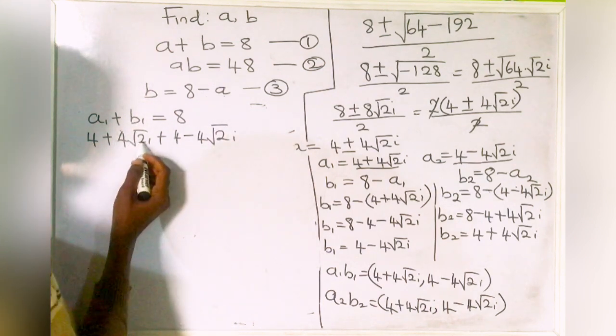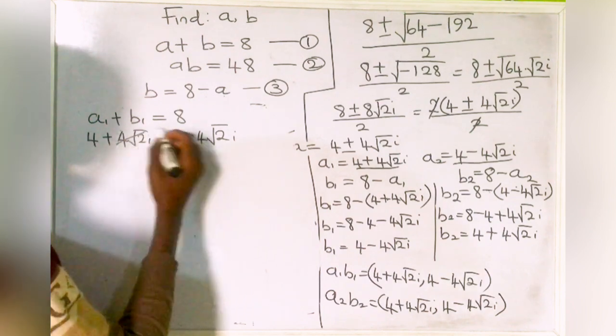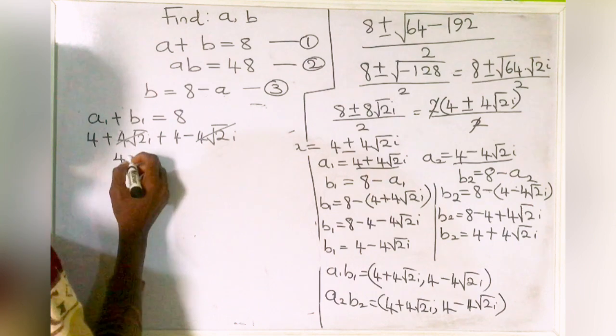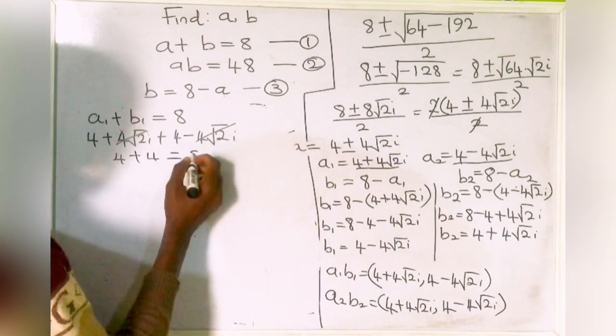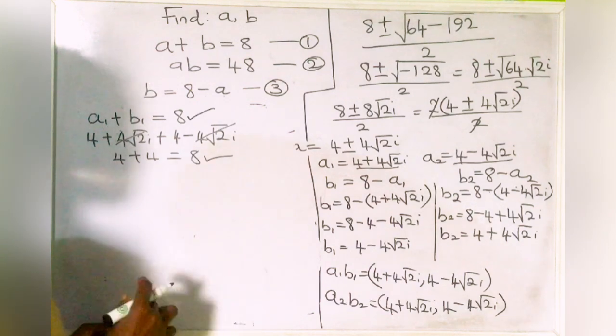Now plus 4 root 2i minus 4 root 2i cancels, that's 0. Now we have 4 plus 4, and that is equal to 8. So this particular question 1 is correct.